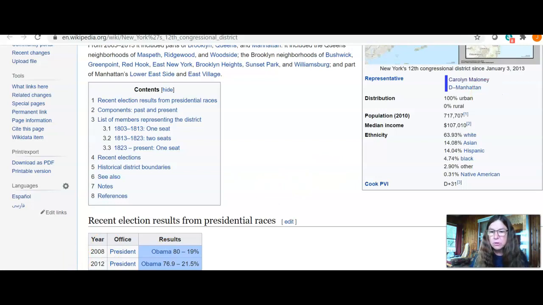We see that it's an urban district, population of over 700,000. The median income in this district is 107,000, which is nearly twice the national median. We can see the ethnicity breakdown here as well. And so that provides us some really important information about this district and who her constituents are.